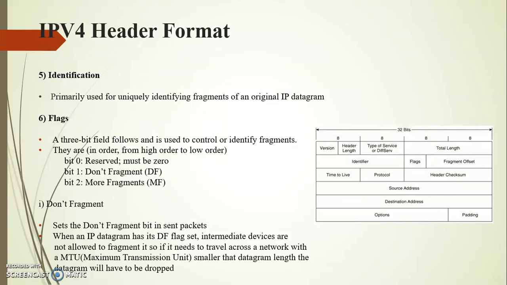First let's see the don't fragment flag. It sets the don't fragment bit in sent packets. When an IP datagram has its DF flag set, intermediate devices are not allowed to fragment it. So if it needs to travel across a network with an MTU, maximum transmission unit, smaller than the datagram length, the datagram will have to be dropped.